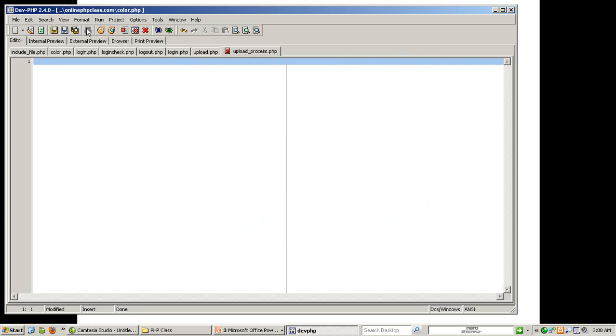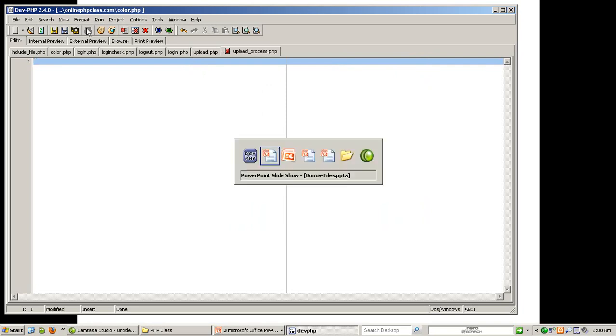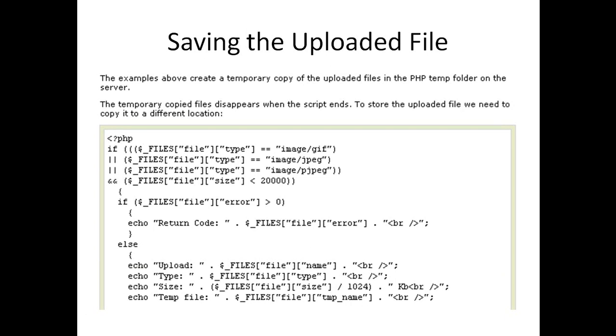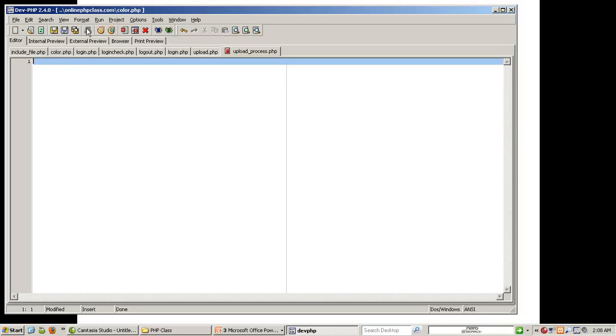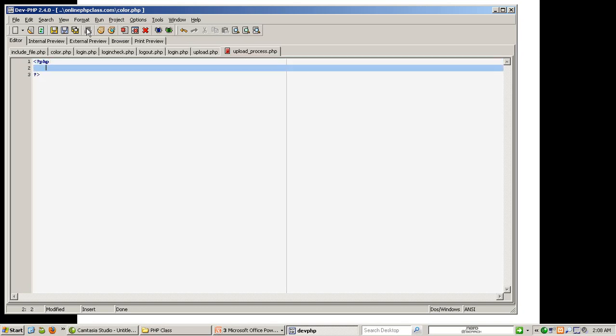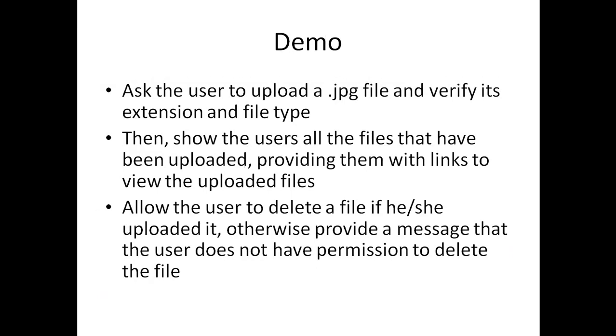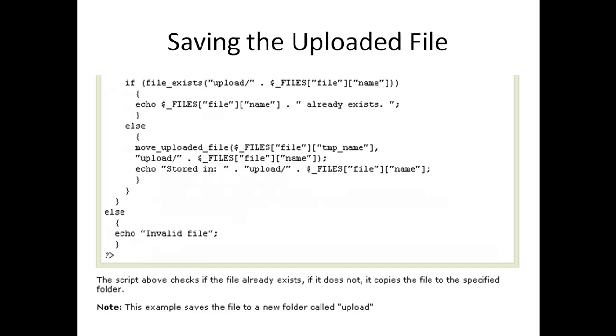So, what I'll actually do is basically this. I use the file, so if files the file. What did I say to do for the demo? Verify type and extension and file type.